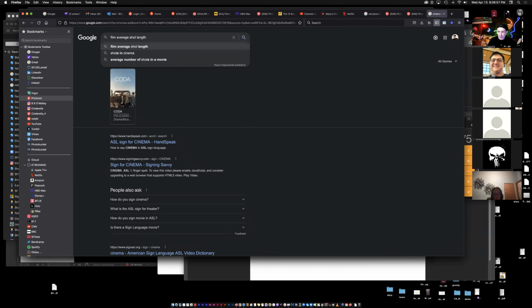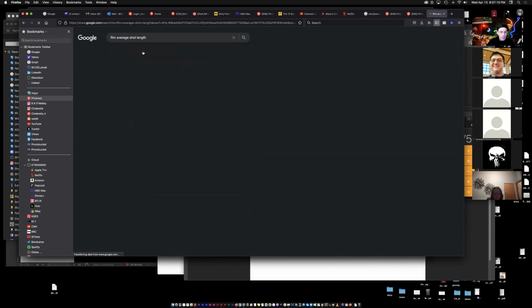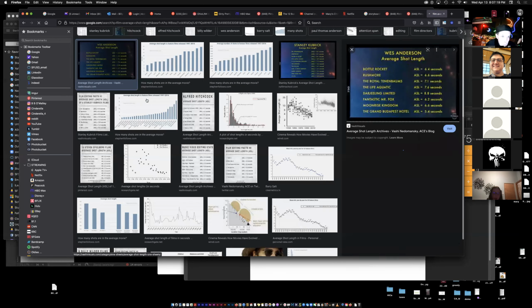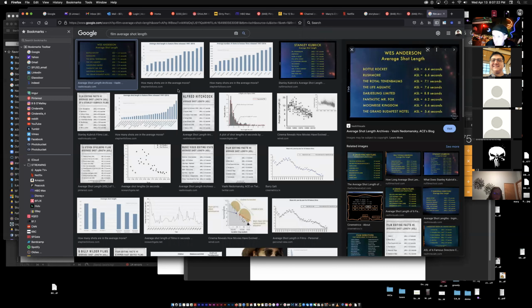Anybody want to take a guess at what the ASL is for film? What's your average shot length in a film? 25 seconds. Nope. Was it 3 seconds? Yeah, it's about 3.5 seconds. But you were almost correct, Shade, because we're looking at just an infographic here for Wes Anderson, and he tends to have longer shots because that's just his style.